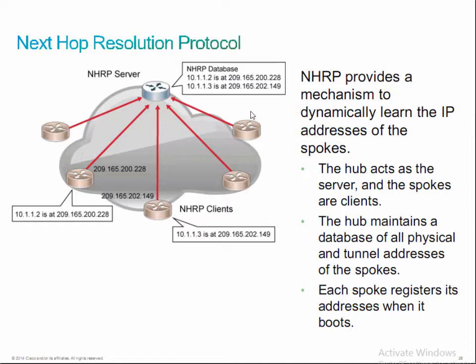There are two different types of addresses that come into play when we're dealing with GRE. You've got a public address, which is the address on your physical interface that connects to the public domain, and then you have a tunnel interface address, which is usually a private address tied into your GRE backbone.